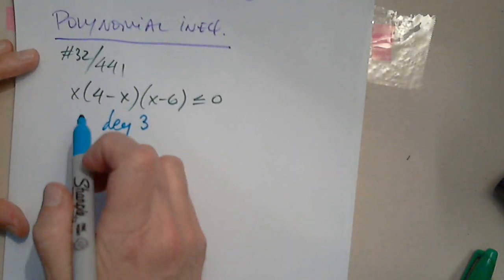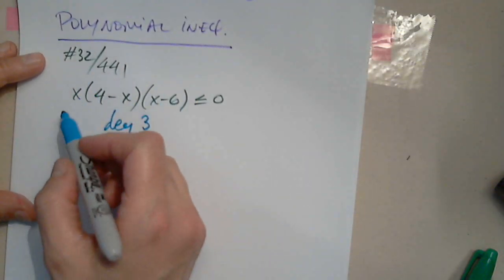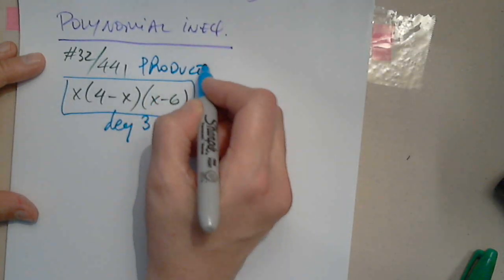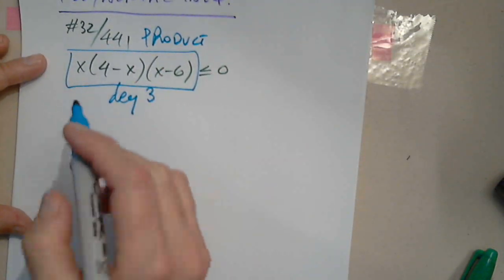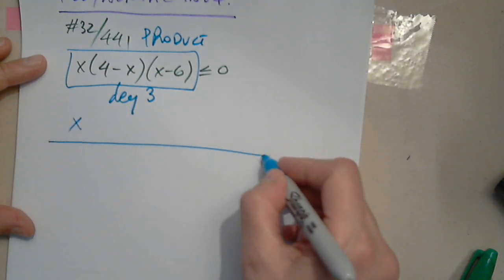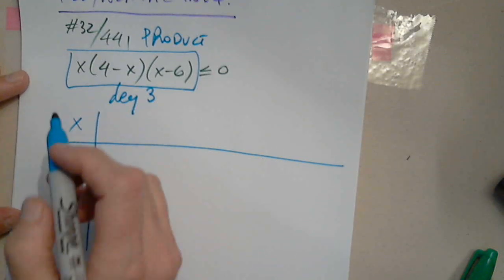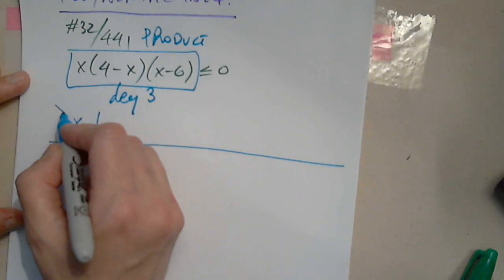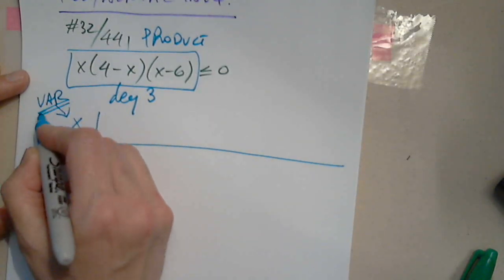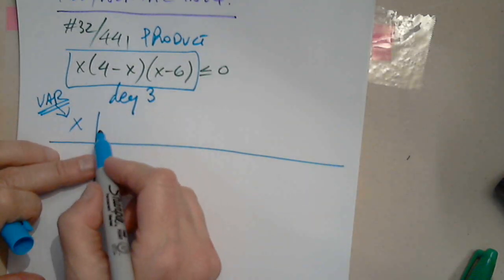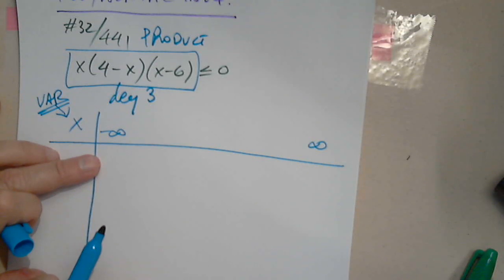Since it's already factored, everything is a product. Then I'm going to create a table. This first row is always the variable in the problem. This is where I put numbers, whatever I need, anything between negative infinity and infinity.